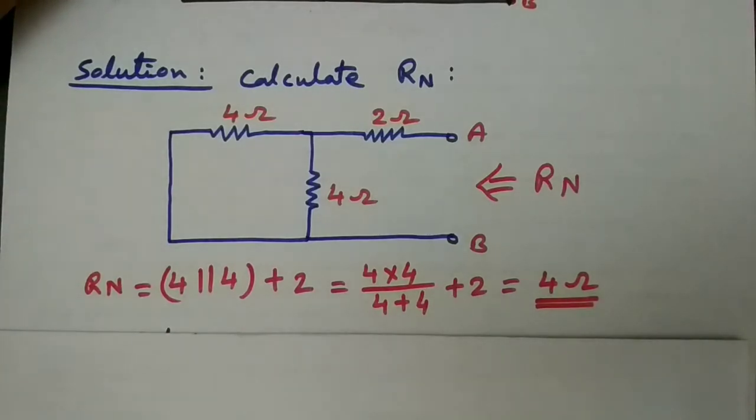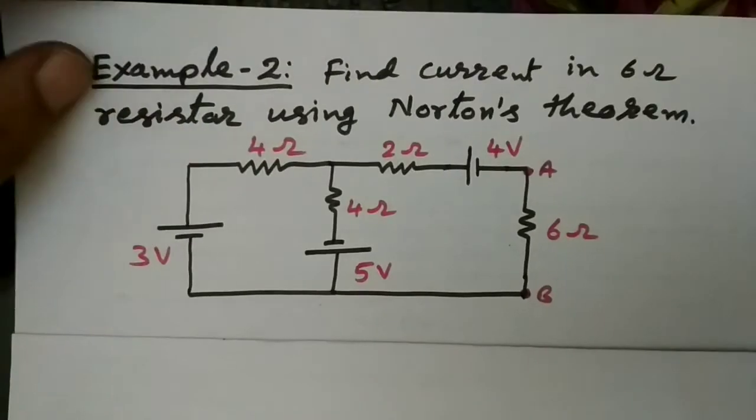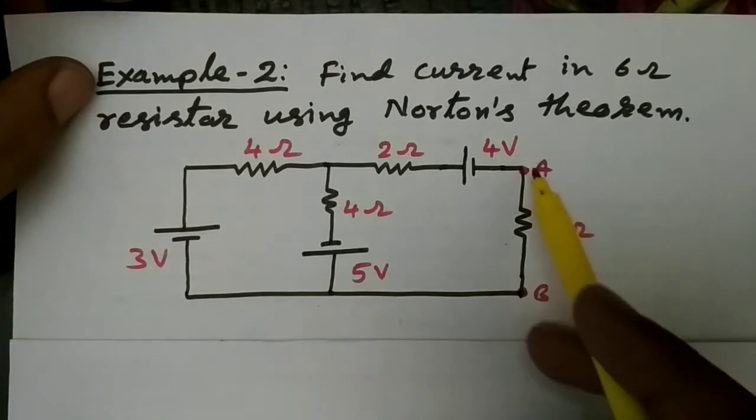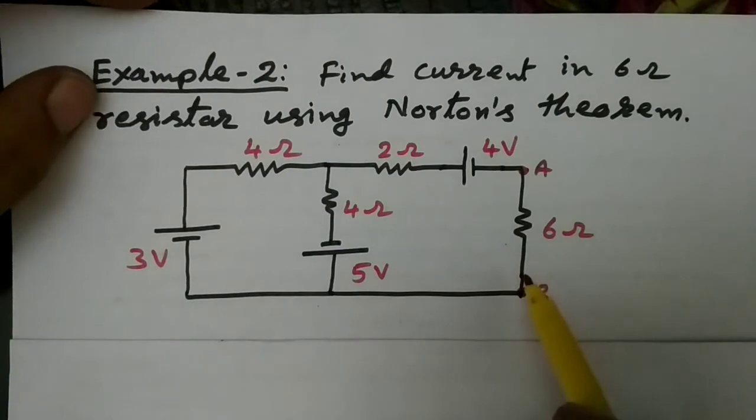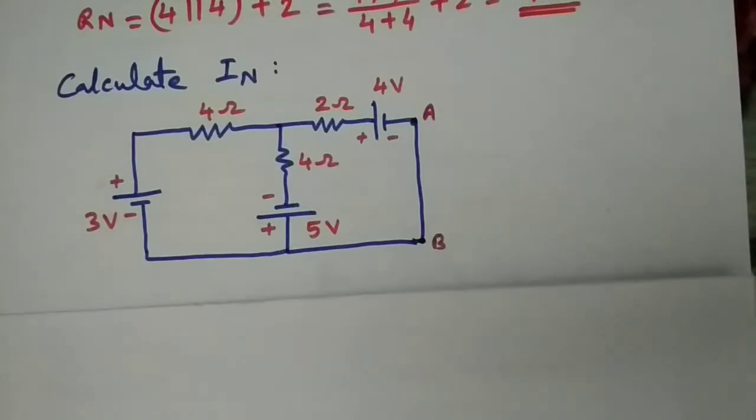Then we will find the In, and for In we will remove the load resistance from the circuit and we will short the terminals, and then we have to find the current through the shorted terminal. So the circuit corresponding to In value is here.